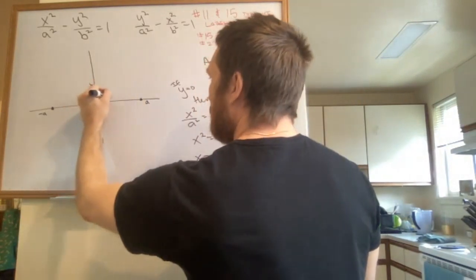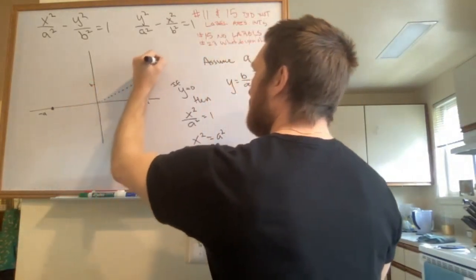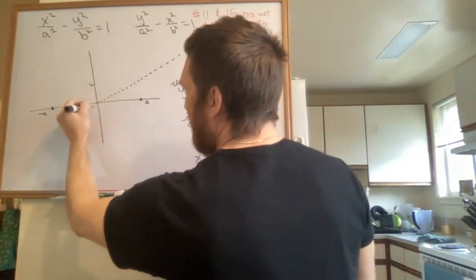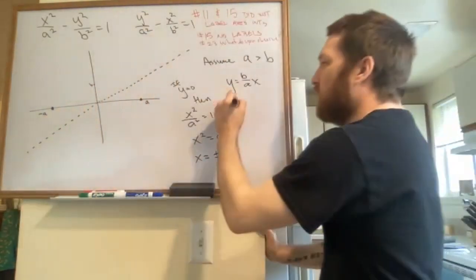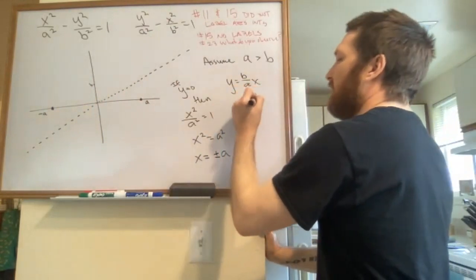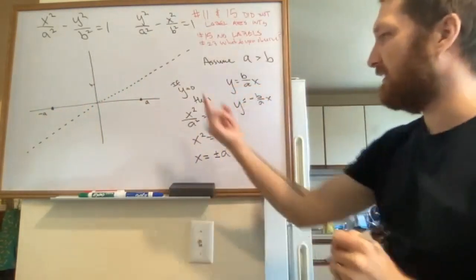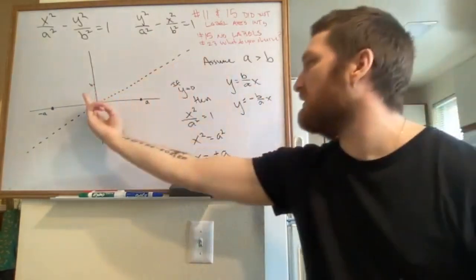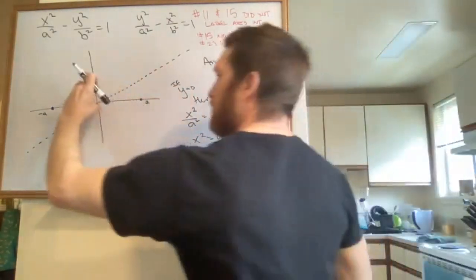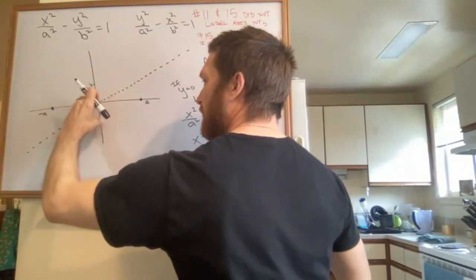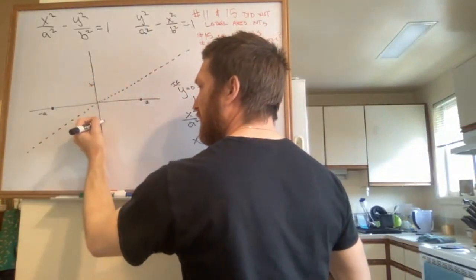And so it looks something like this. Comes back that way. And then when it's y equals negative b over a x, that's the same thing. The run is still a, but now the b is a fall. And so where I was here, I'm going to come down here to say negative b.